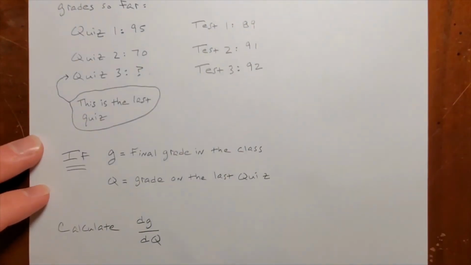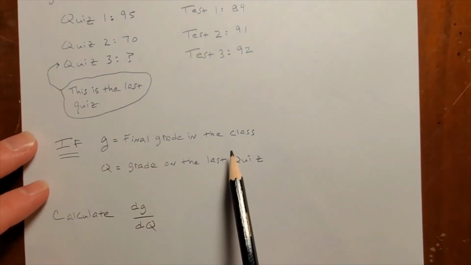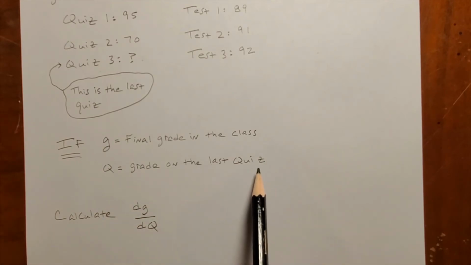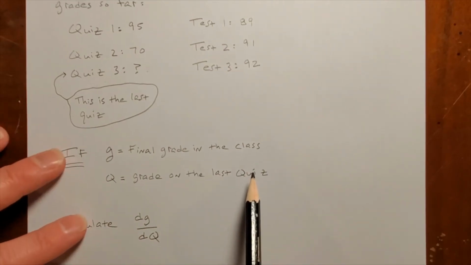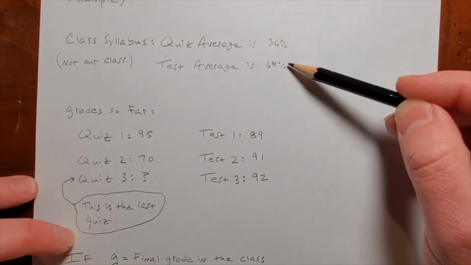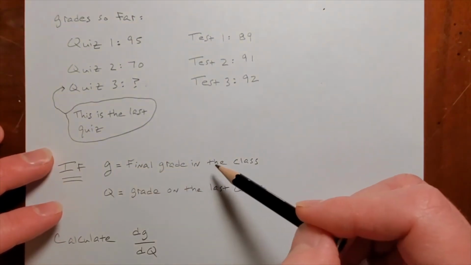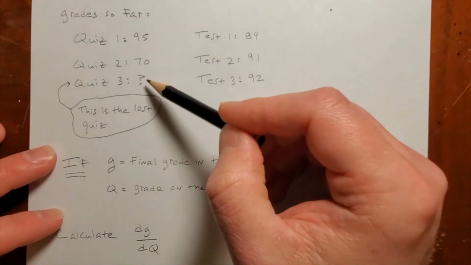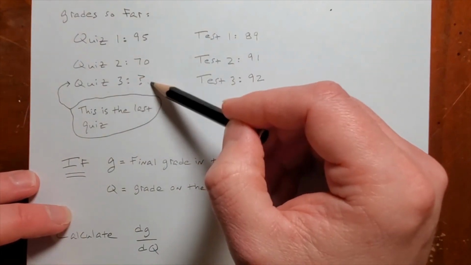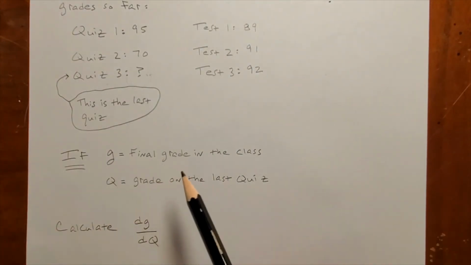Now, in this situation, G is the final grade in the class, and Q is the grade on the last quiz. So you get that, right? Because you could average all this together according to what the syllabus says, and you'll get G, a final grade in the class. At some point, you will take this last quiz, but it's not known yet, so we'll call it Q, the grade on the last quiz. Suppose I define it all that way.